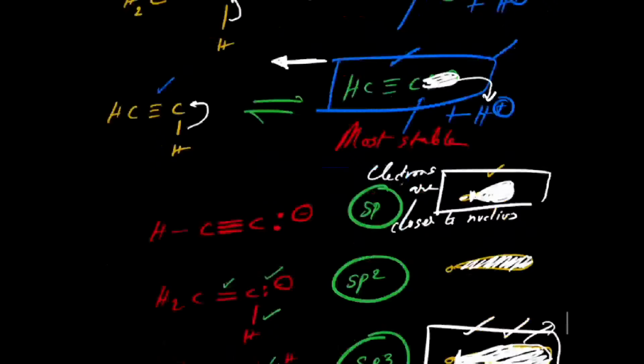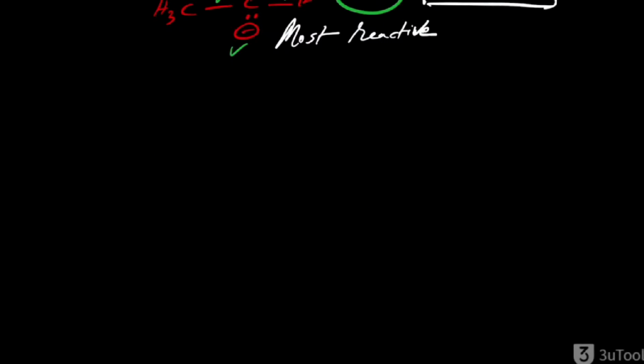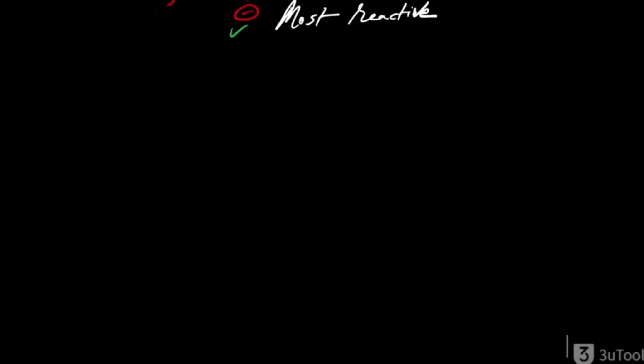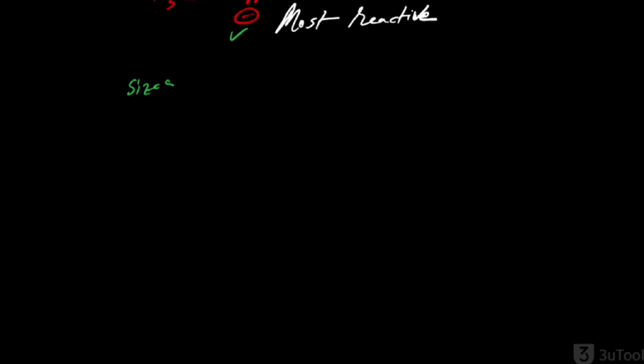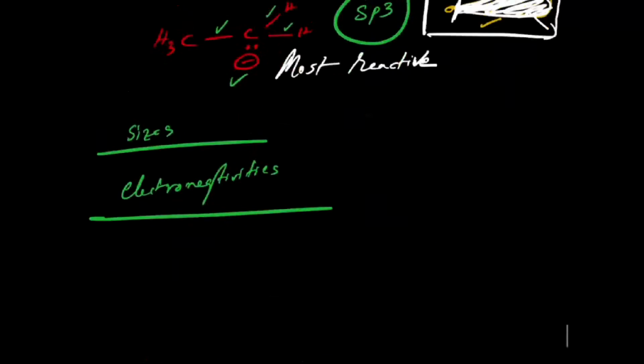Okay, now third criteria is, see, in the first case what did we do? When we looked at HF, HCl, HBr, HI, we compared the sizes. Then we compared the electronegativities. Now here everything is carbon, right?